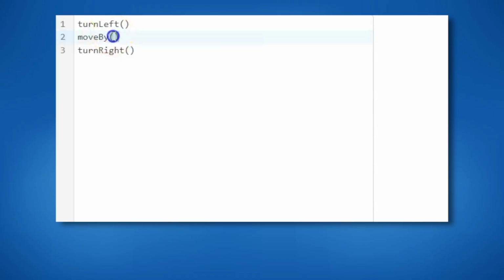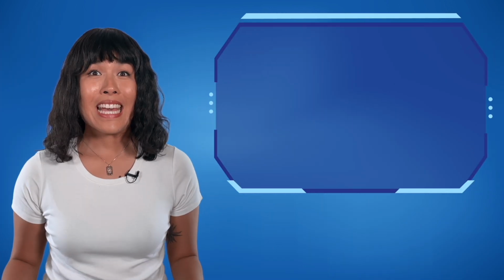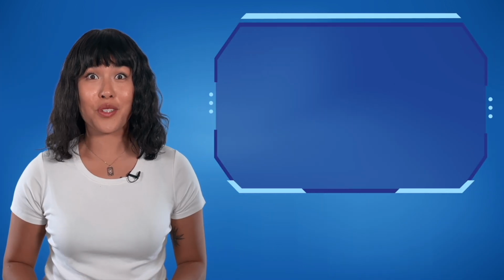Instead of calling the move function 5 times in a row, we could now use a move by function passing in 5 as the parameter indicating the number of times we want to move. By using parameters, the system will do the same actions with much less code. Wow, that's great! It is so much easier to read.